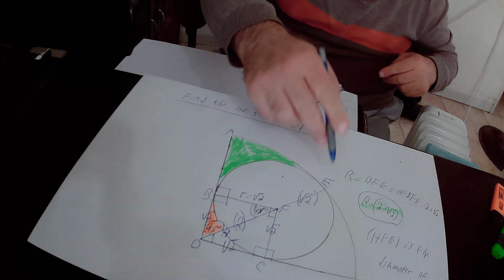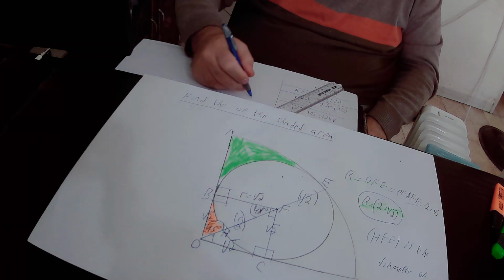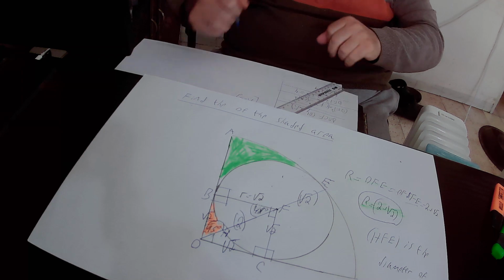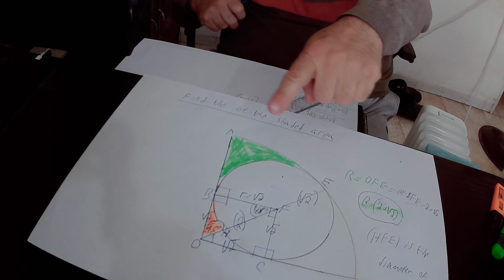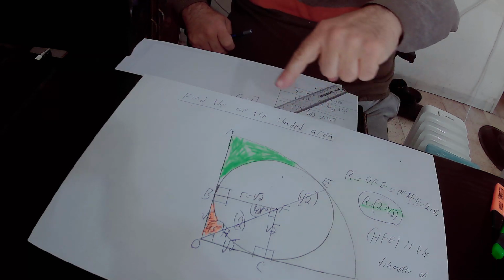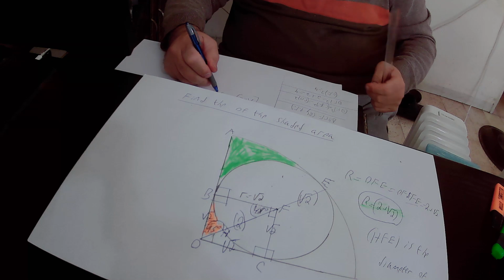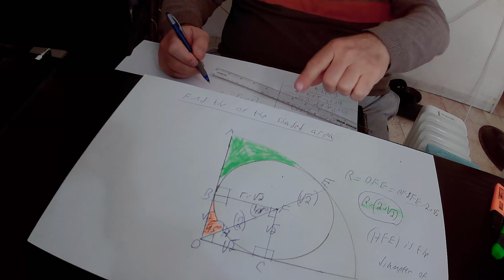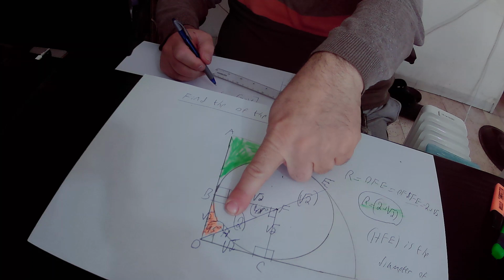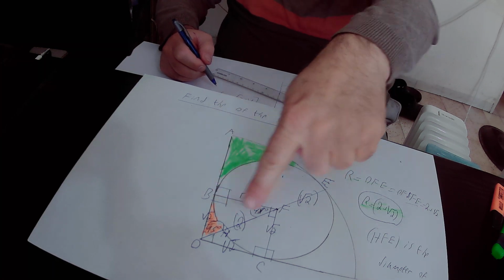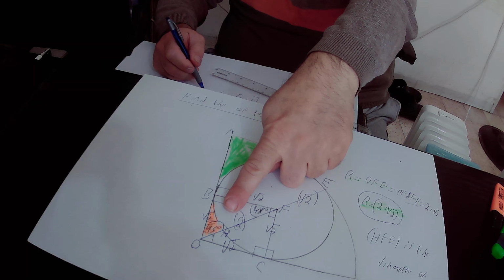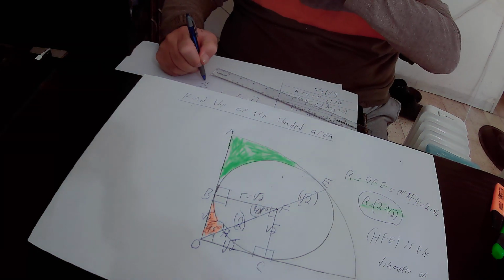So what is the area of sector AOE? The area of sector AOE equals the area of the big circle, pi times capital R squared, times the angle between the legs of this sector, which is 45 degrees, over 360 degrees.